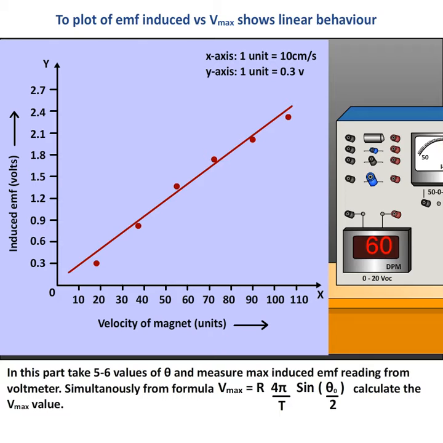Also, the rate of change of flux is directly proportional to the velocity of the magnet passing through the center of the coil. So, in the ideal case, the plot of induced EMF with velocity of the magnet is expected to be linear.